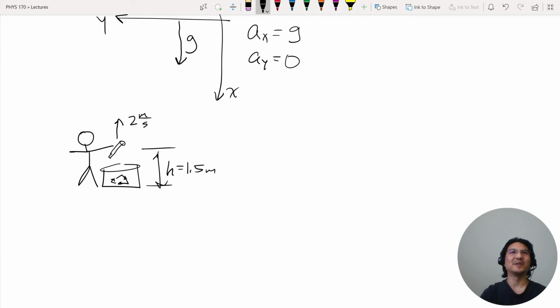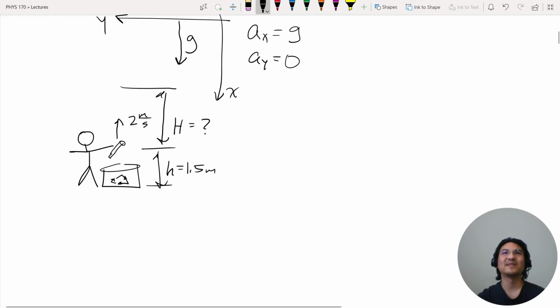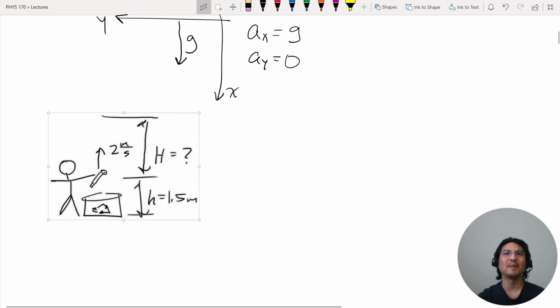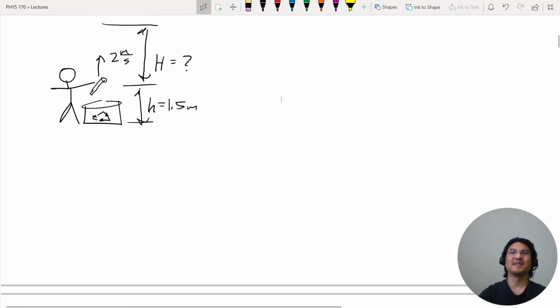How high does it go? Like, what's the maximum height? Like, right, it goes up in the air and then falls back down. How high is this at max? Let me move my picture a little bit. Okay, like how high does it go?